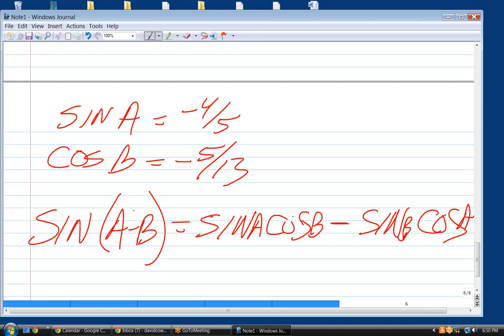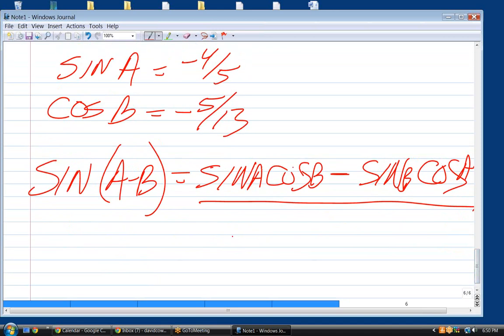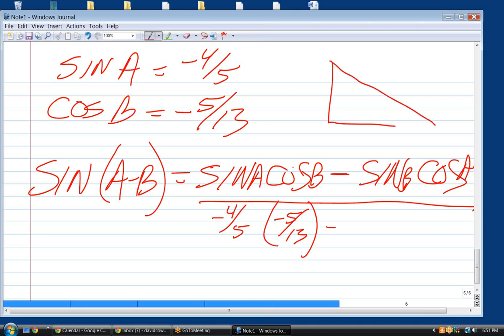So, I can figure out what the sine of A minus B is by solving that. Well, they give us the sine of A, that's negative 4/5. They give us the cosine of B, that's negative 5/13. What's the sine of B? If the cosine of B is negative 5/13, we don't have to graph it, we want to draw a triangle.